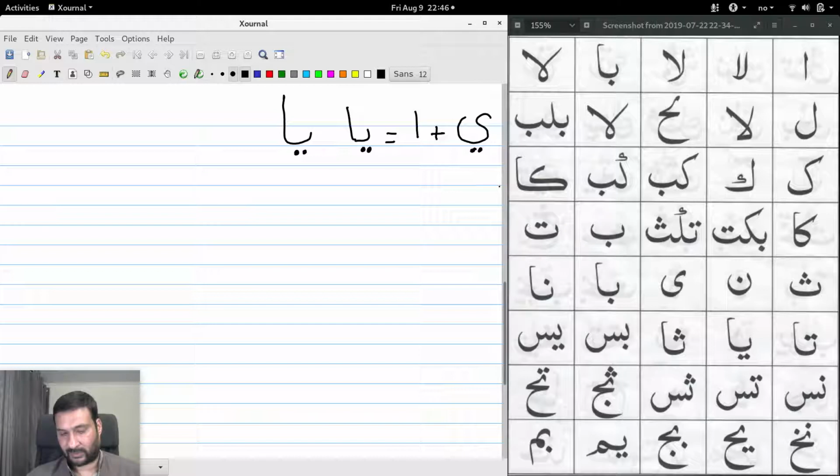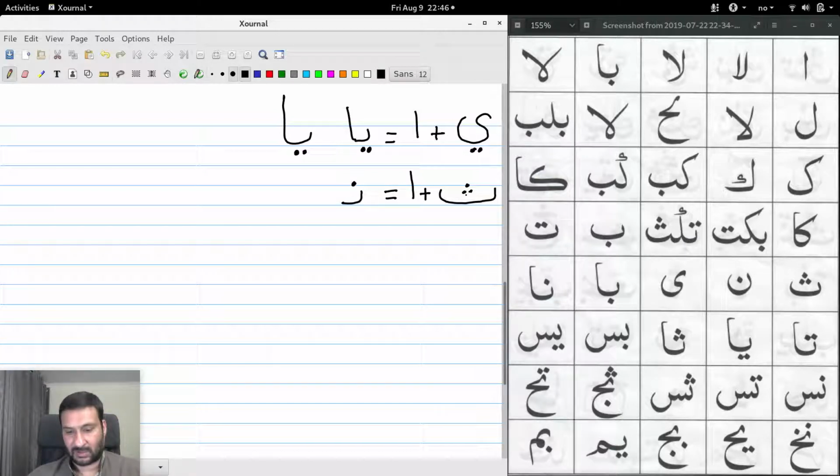The reason I'm spending this time on writing individual letters is just to help you understand how these look. In later videos, I will not be writing each individual letter for each individual word for you, or bisecting. I will not bisect it. Anyhow, so tha and alif, it looks like so. Tha.